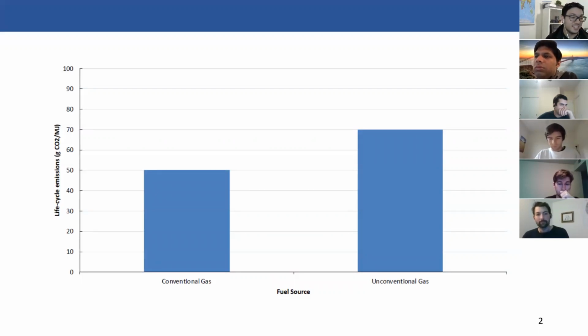So this is a plot of life cycle emissions, which means the emissions from cradle to grave of, in this case, using conventional gas versus unconventional gas. So what can you tell me about conventional gas versus unconventional gas, just looking at this chart right here?